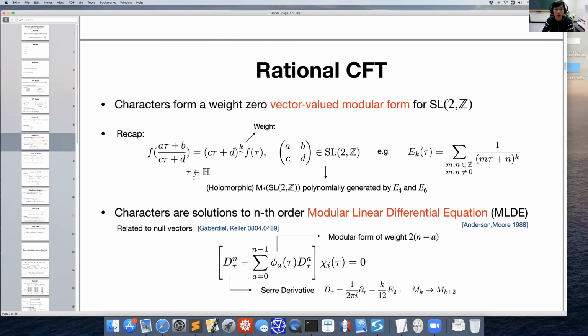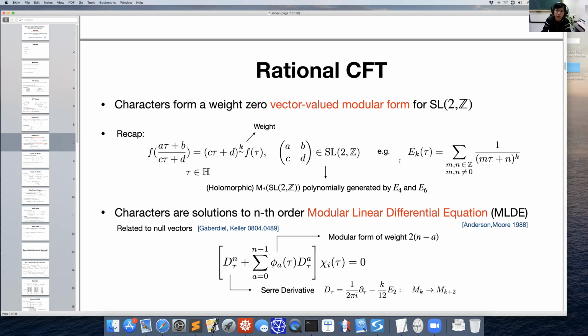Given a function f defined on the upper half plane, a modular form of weight k means that if you consider this transformation, I get an automorphic factor with weight k here, where this matrix is in SL(2,Z).